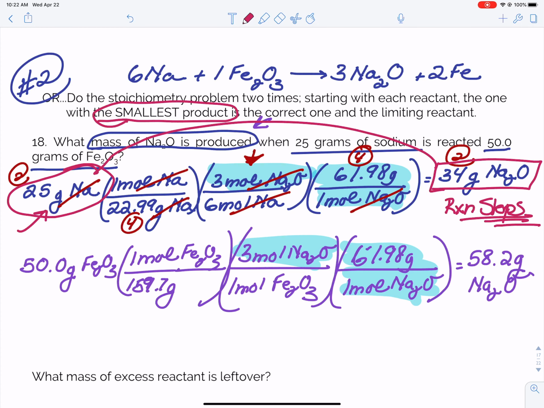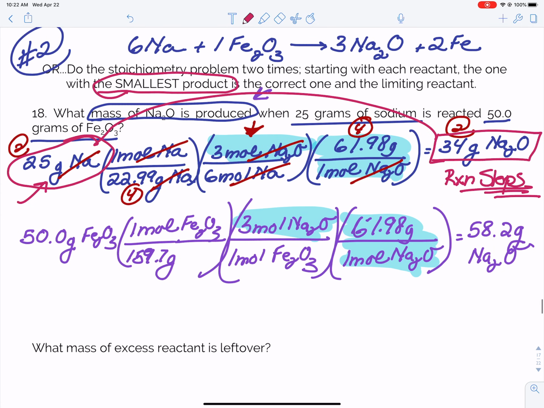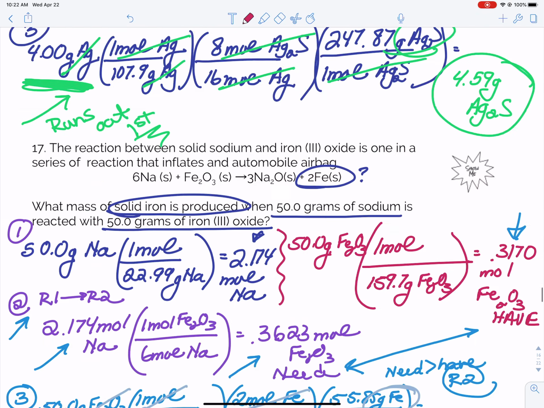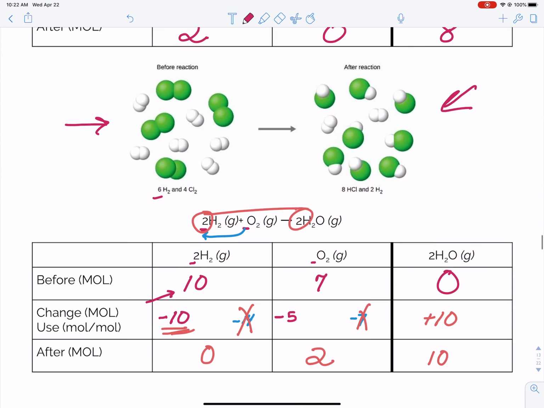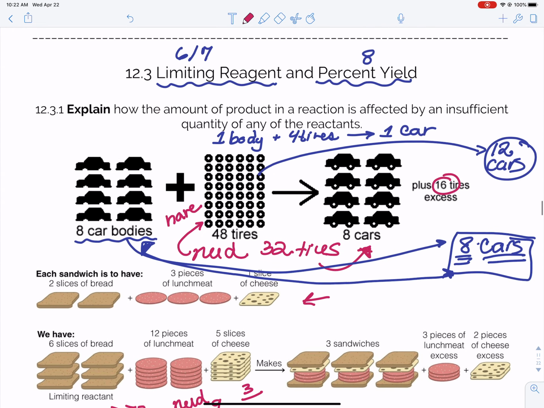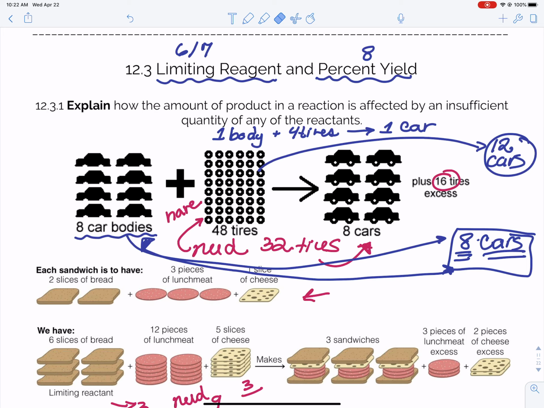Now, here's another question that I'm often going to ask with these: what mass of excess reactant is left over? If we go back, I'm going to scroll back up. I know it's kind of dizzying. Whatever reactant is not the limiting reactant, there's going to be some of it left over.